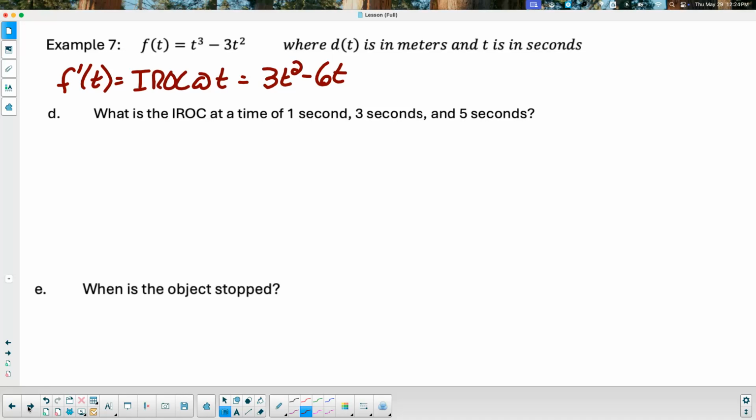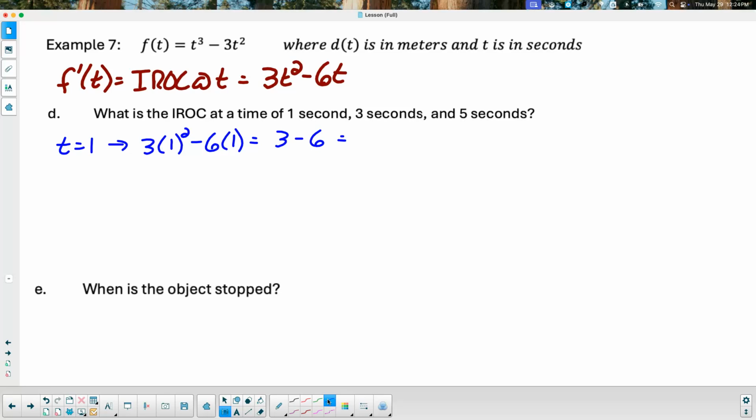Because I have that, now I can say here that at t equals 1, that's going to be 3 times 1 squared minus 6 times 1. 1 squared is 1, times 3 is 3, minus 6 times 1 is minus 6.